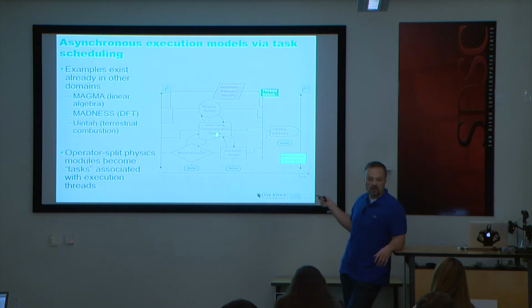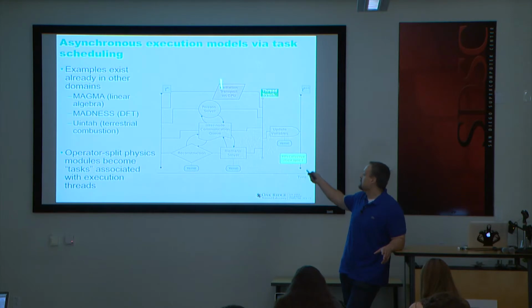There's stuff in a communication queue to determine what I need to do for the hydrodynamics, what pieces of data I need to pass back and forth during the hydrodynamics. And then I only sync every once in a while. But these things are all happening independently and in parallel. Whereas if I had something that was bulk synchronous, I would be doing many individual syncs all the way through there. All right? There are already examples that exist in other domains.